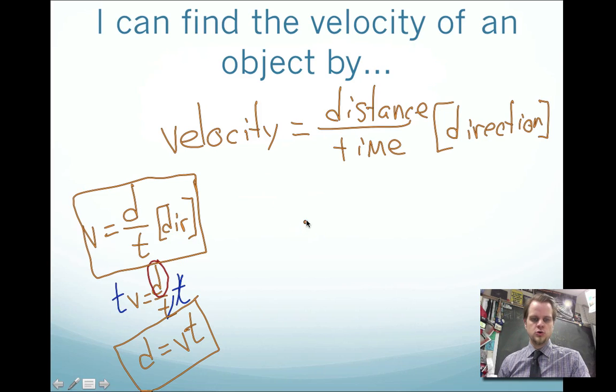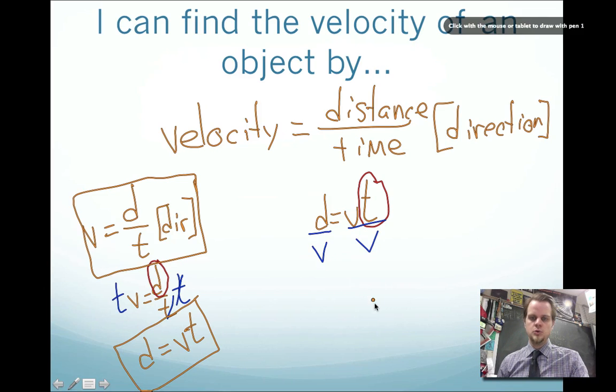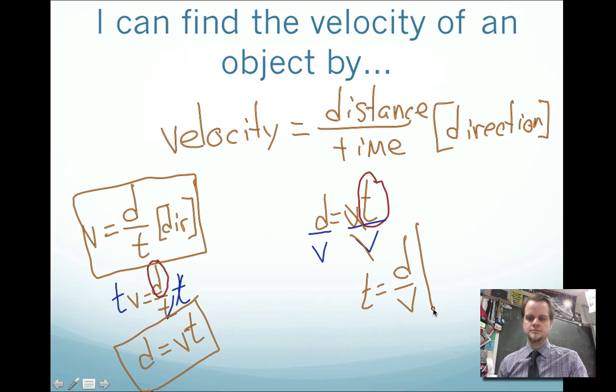All right, let's do a little bit more algebra. If you had d equals vt, and let's say we want to solve for time, how long it takes based on velocity and the distance that you travel. What do I have to do? Well, I need to get t alone, so I've got to divide both sides by v. And what I'm left with is, well, v's cancel out, so I'm left with t equals d divided by v.